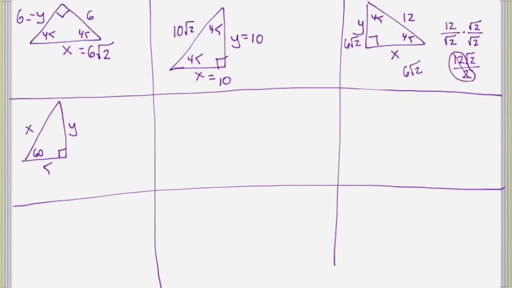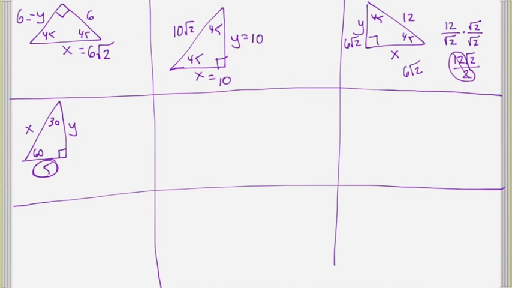In the 30, 60, 90 pattern, you're going to want to locate your short leg first, which is always going to be across from the smallest angle, which is the 30. So the 30 is up top here, and the short leg then is the 5. Everything in the 30, 60, 90 pattern is based off of that short leg. So you want to locate that first.